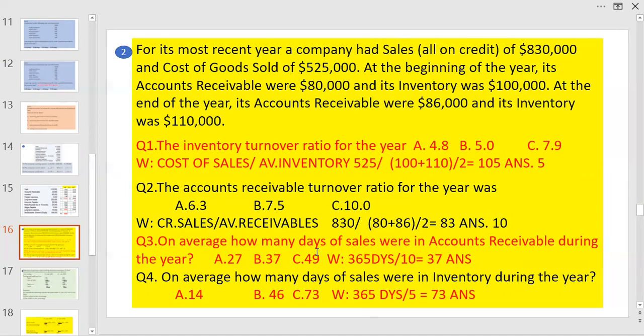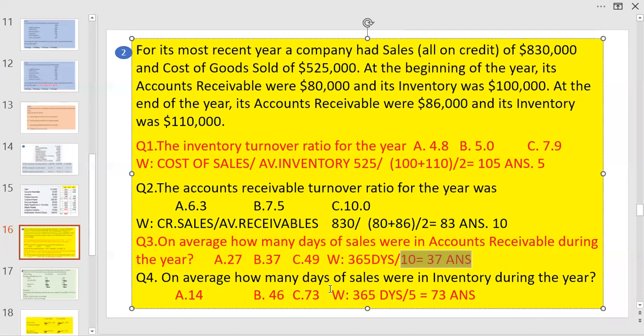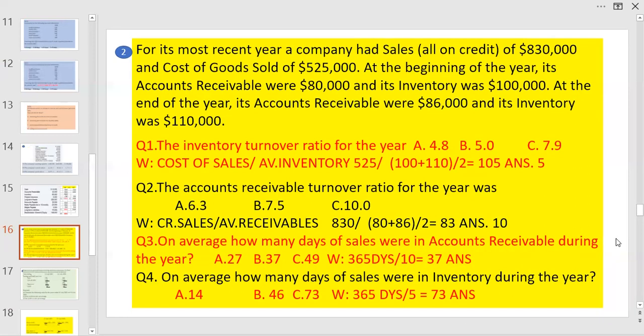C. Question number 3 is how many days of sales were in accounts receivable? You see the previous answer, it gives how many times it turned over, 10. Therefore, if you divide 365 by 10, the answer is found, which is 37, option B. Question number 4 is how many days of sales were in inventory?